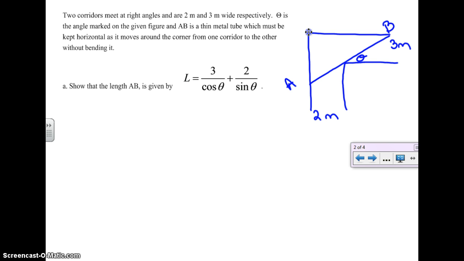So what we are going to do here is set up, looking at where theta is, I'm already starting to notice that AB is the whole length of my metal rod. And I'm going to say that X is my length from where A starts to the middle, and then I'll call Y the second length.